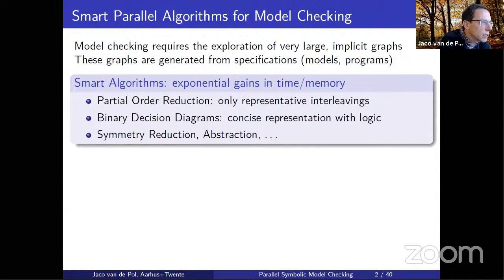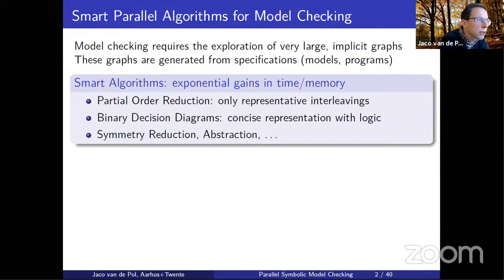And we heard already one of those algorithms this morning. That was the explanation of partial order reduction. The aim of partial order reduction is really to reduce the size of this graph by only looking at some representative interleavings or traces, as it was called this morning. There are also other approaches, like in symbolic model checking, where you represent a set of states by binary decision diagrams.